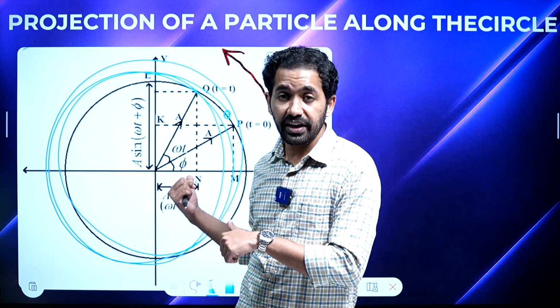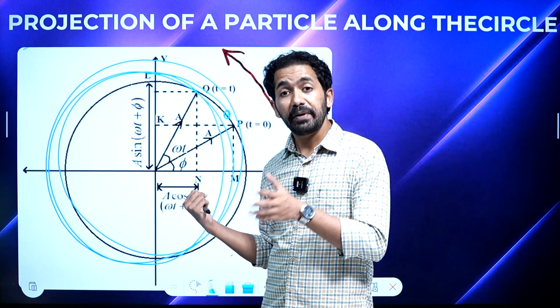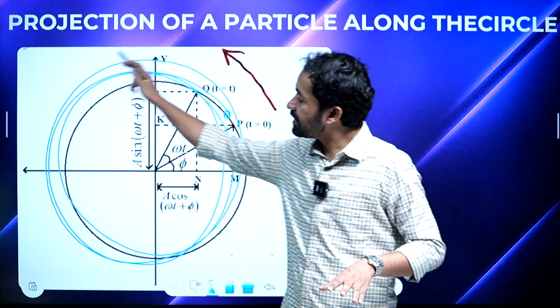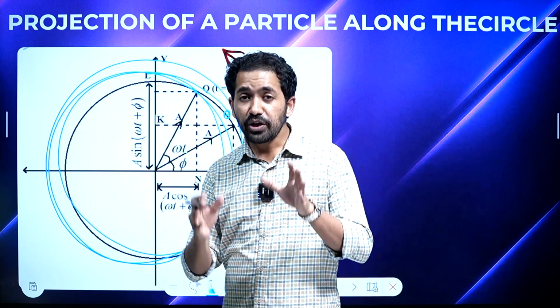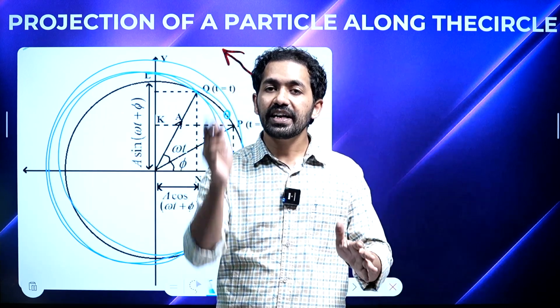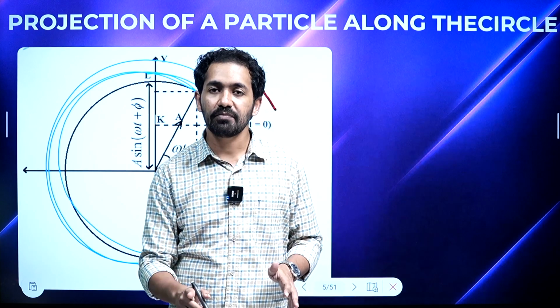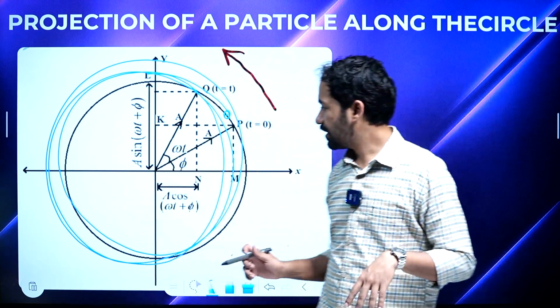I can say this is an example of periodic motion, because in every time period the particle is completing one circular track. So the motion of the particle along the circle is an example of periodic motion, right?